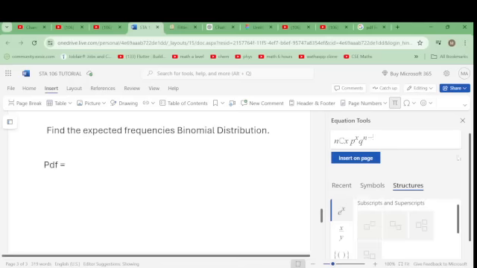If you remember, that's the formula for this. So this is the PDF formula. That's nCx times p^x times q^(n-x).